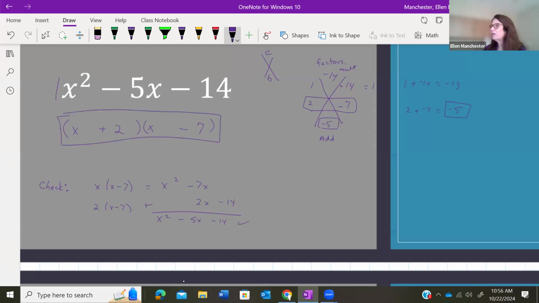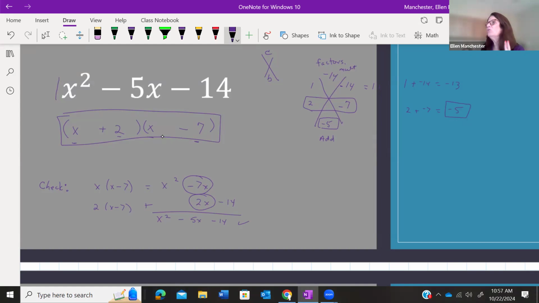Okay, so you can actually multiply it out, or you're going to get so good at this, you're going to do it this way. I know I'm going to get x squared from x times x. So really the only thing I have to double check is the outside plus the inside, because I know 2 times -7 is going to give me -14.